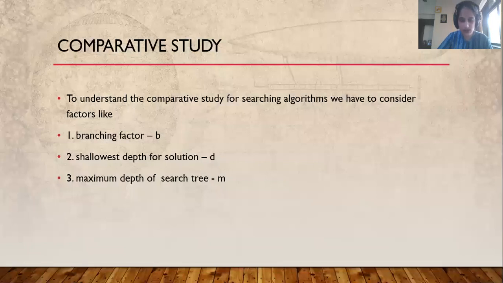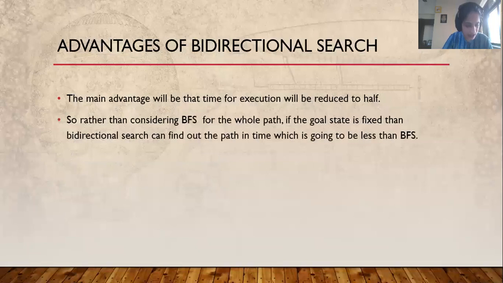So this was basically about bidirectional search. Again, what it does is perform two parallel searches: one starts from the source node and moves towards the goal node, and another starts from the goal node and moves towards the source node, and they stop where they find an intersection node. In doing this, they can use either breadth first search or depth first search.